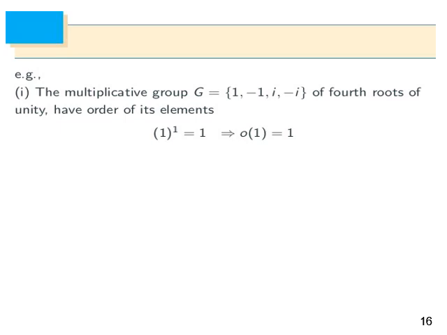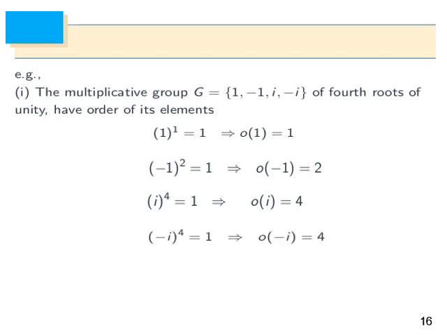The order of 1 is 1. The order of -1 is 2. Why? Because (-1) squared equals 1. The order of i is 4. The order of -i is 4.